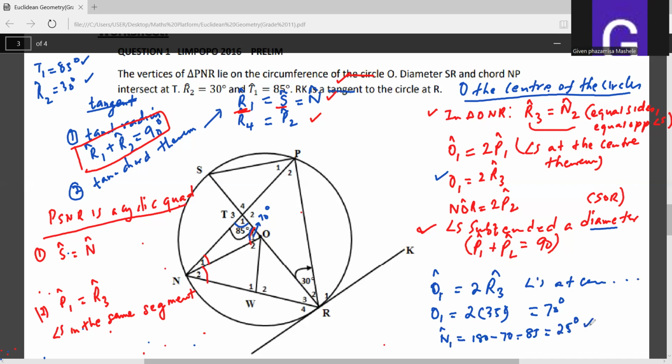Practice makes perfect. It's not the only way. We can get N2 first, because N2 and R3 are equal. It means this one is also 35. But the whole of this angle plus the whole of this angle plus T1 is also 180. You can still do it like that. It will give us the answer.